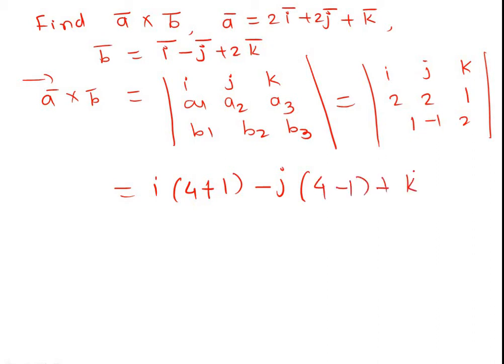Plus k bar: minus 2, again minus 2, that is minus 4 k bar. So that is A bar cross B bar, that is the value.